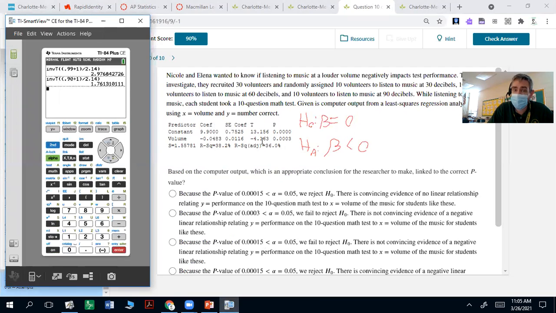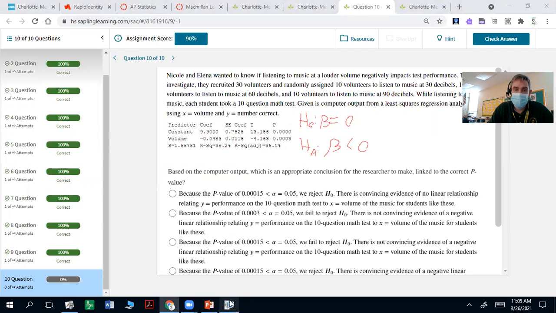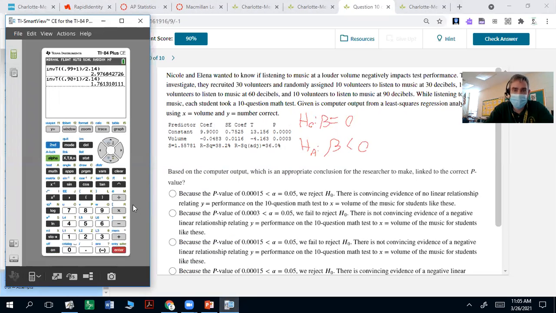That's the easiest thing to get on this table, because a test statistic is your sample average minus 0, there's no difference, divided by the standard error. Well, we have these two numbers here, so you can actually get that t and test it out. Type in negative, put the slope on top, so negative 0.0483, and divide by 0.0116.